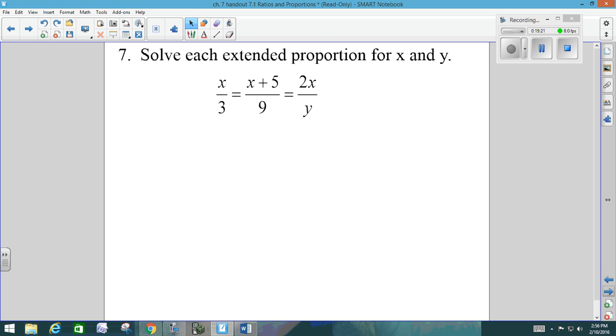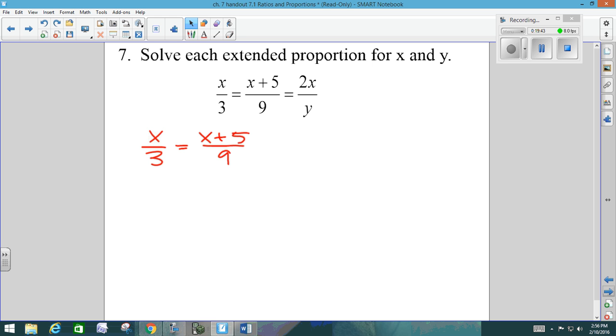Okay. Good. An extended proportion, like on the front side, just has more than 2 ratios. You still use cross multiplication, but that only works with 2 ratios. So you just pick 2 ratios out of the 3. Alyssa, why wouldn't you pick like the last 2 to solve first?